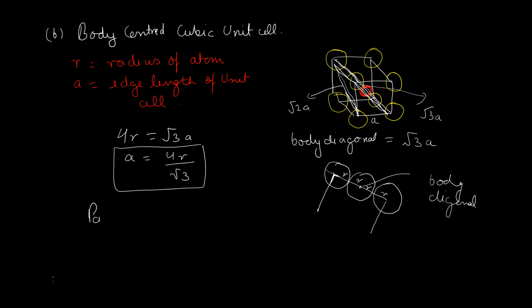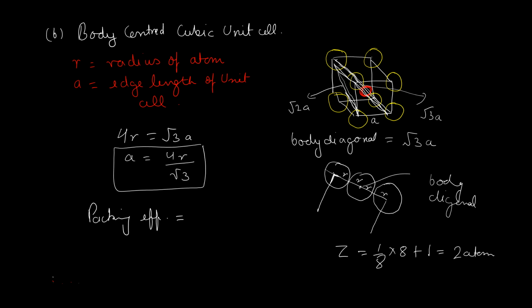Now the same, packing efficiency is equal to number of atoms contributed. Here the number of atoms contributed: 8 atoms are present at the corners, so 1/8 into 8. And one atom is completely present inside the cube, so that will be contributed fully. So it comes out to be 2.